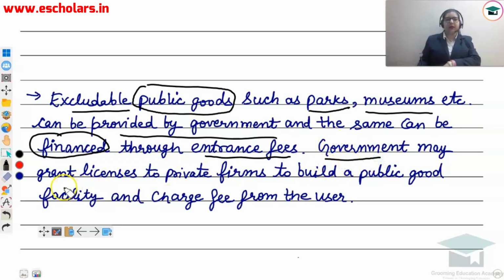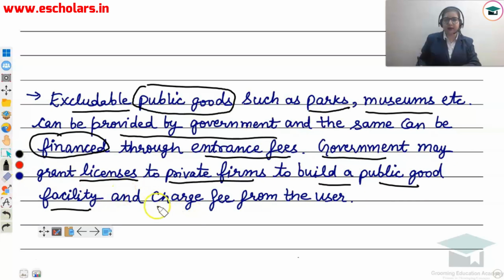The government may also provide this through the private sector. So the government can do privatization of such excludable public goods. That is, the government can provide licenses to private firms in order to build a public good facility and charge a fee from the users.